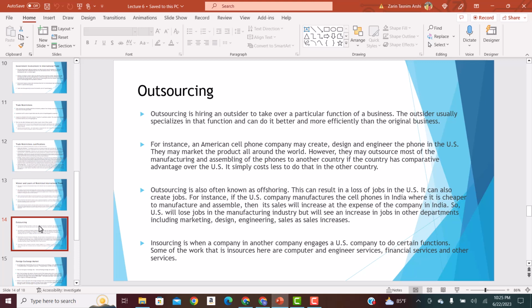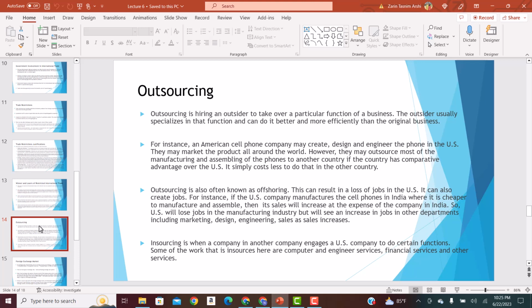If sales are more, they have to produce more, so they will hire more people for advertising, marketing, and accounting. So it is going to create jobs in other departments. Of course, there's going to be some loss of jobs in the manufacturing industry, but it's going to create jobs in other industries such as marketing, sales, design, and engineering.